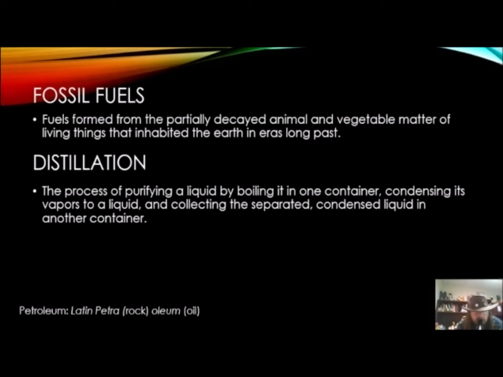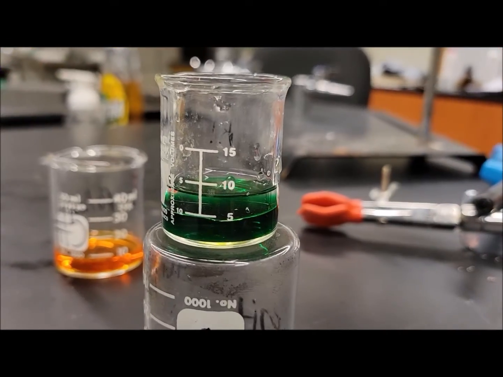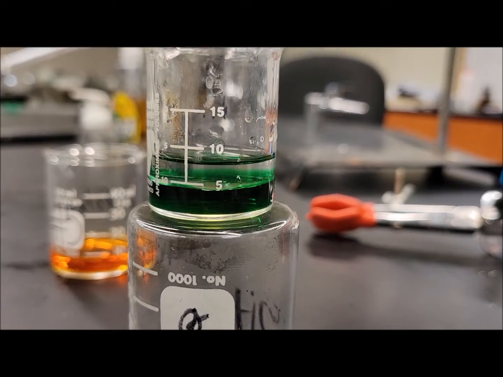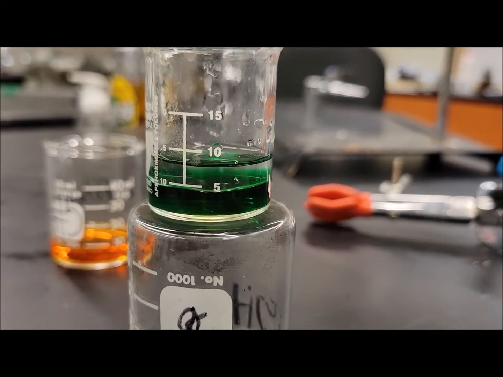We're going to start this chapter by doing a demo of this, where I try to separate diethyl ether, methanol, and water. So I have here a mixture of diethyl ether and dyed green water.